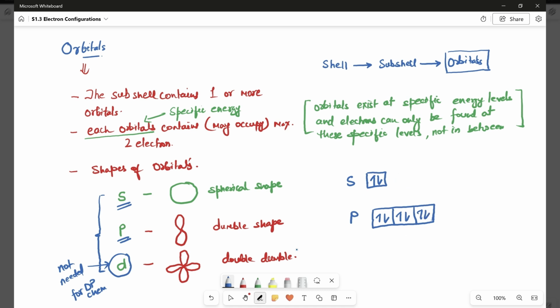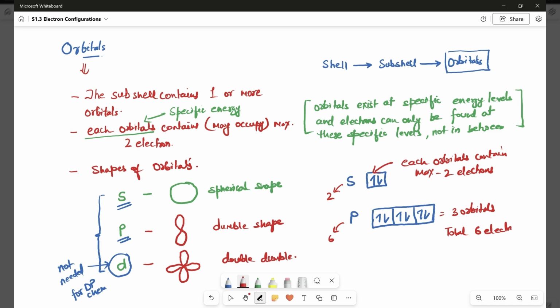So I can say here that each orbital contains max two electrons, not more than that. So if you remember, we have seen s contains two electrons, p contains six electrons. So there are three orbitals, right? And each has two. That means a total of six electrons. This is how the shapes are conveyed.